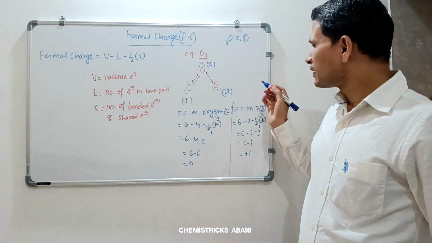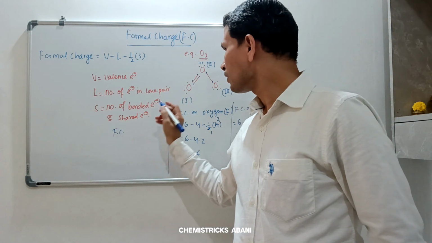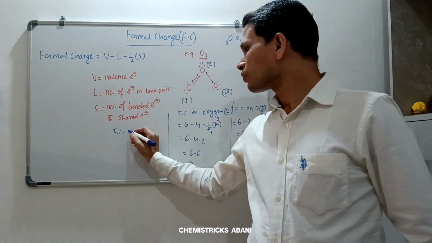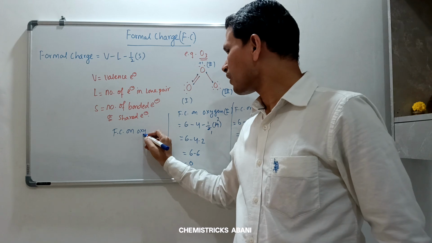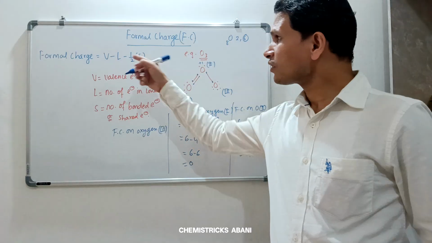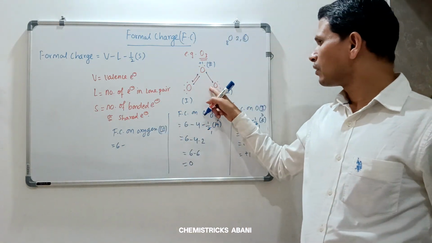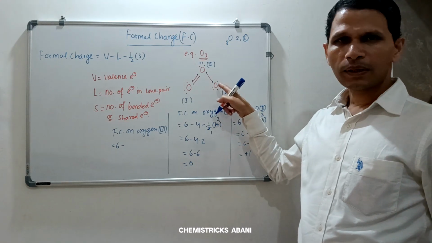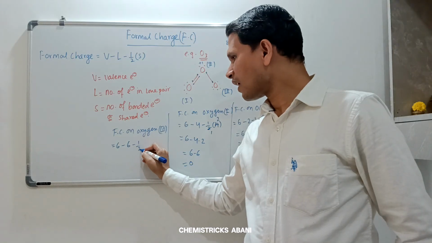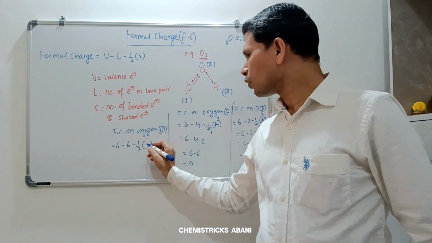Similarly, we can find the formal charge on the third oxygen atom of the ozone molecule. So formal charge on oxygen 3: here also V is the same, that is 6, minus the electrons in the lone pairs. There are 3 lone pairs, so 6 electrons. So I will write 6 here minus half of, only one bond is there, so 2 electrons in that bond.